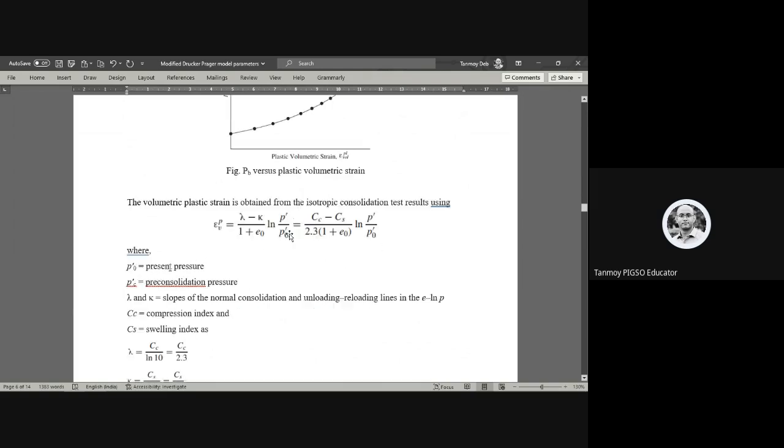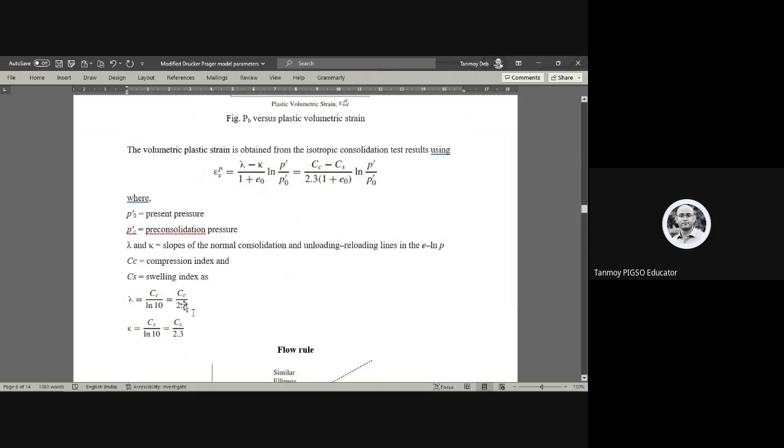Here this P naught is the current pressure, and P dash C is the pre-consolidation pressure. Lambda and kappa are the slopes of the NC line, or normal consolidation line, and the loading-unloading line. Cc and Cs are the compression and swelling indices.